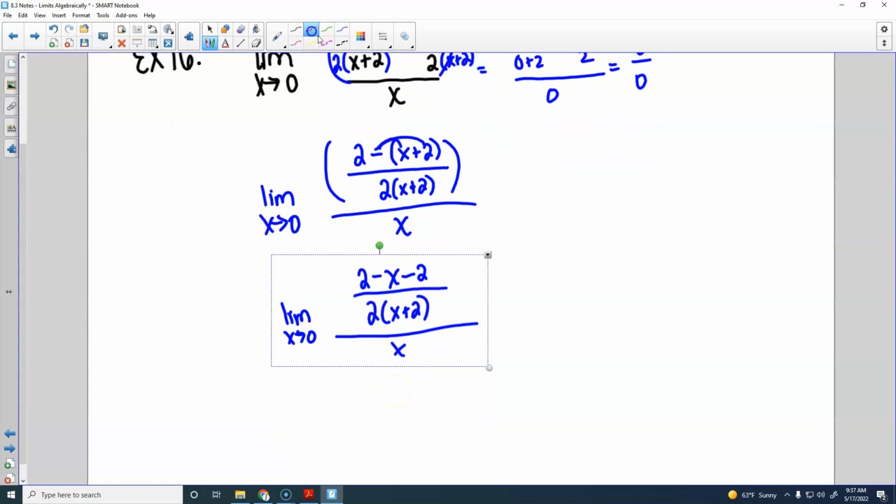And what's going to happen in that numerator of the numerator there? 2's can cancel. I got positive 2 and a negative 2, so they cancel. So that gives us negative x over 2 times x plus 2 divided by x. I'm going to put that x over 1.